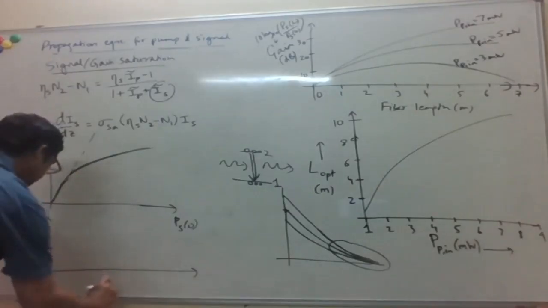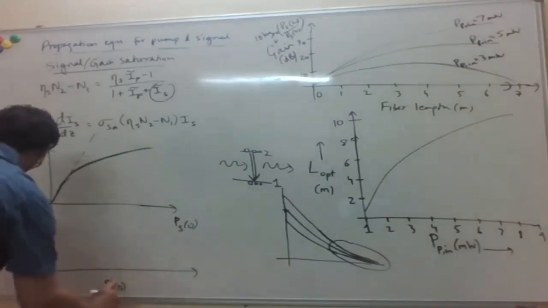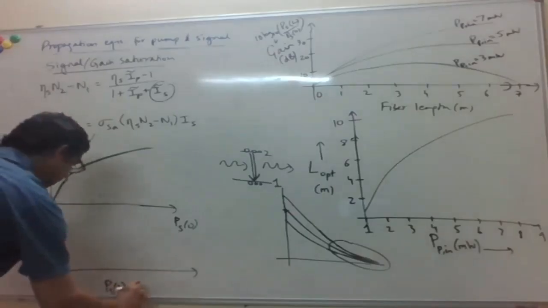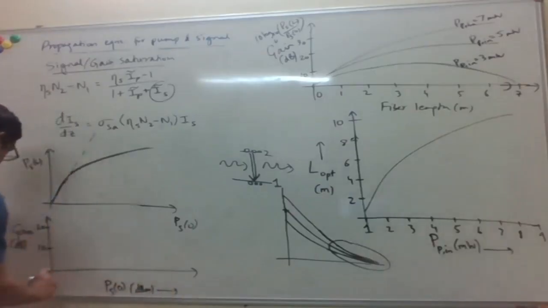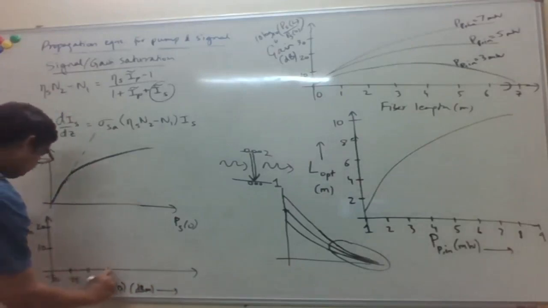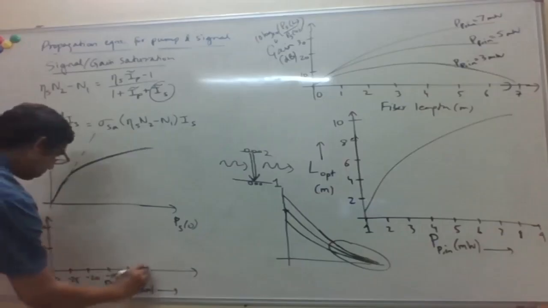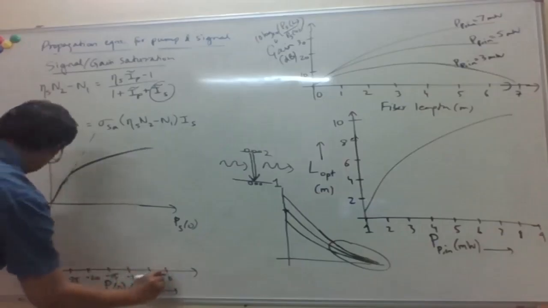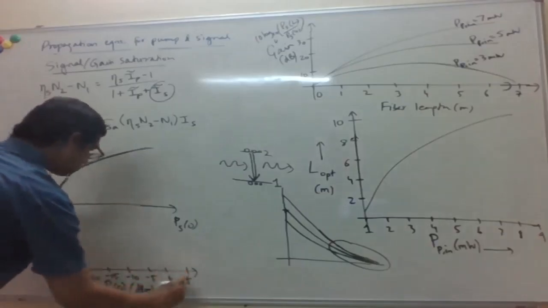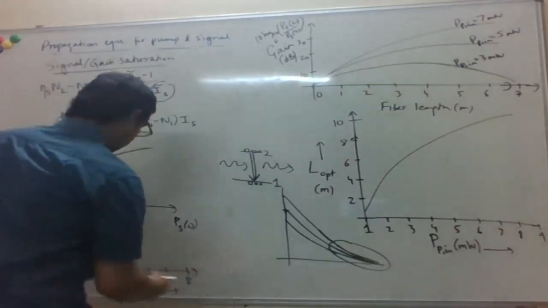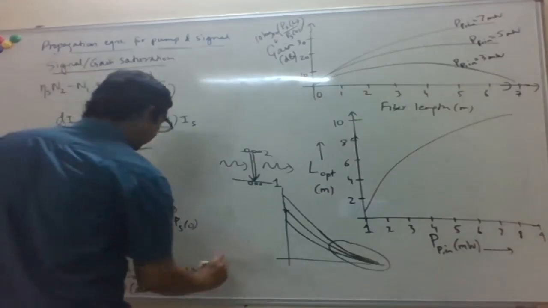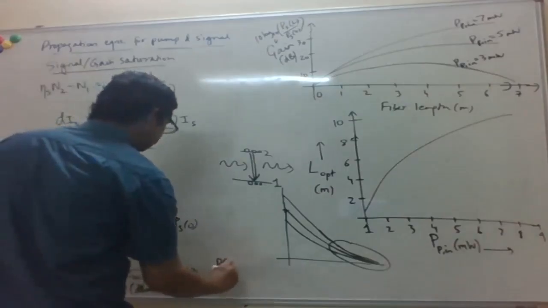So on the x-axis, I'm plotting input signal power. This is in dBm, so I'll have to define this dBm. dBm is a unit for power, basically the power in dB.